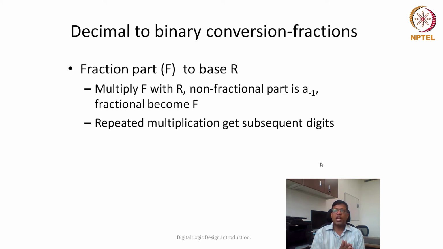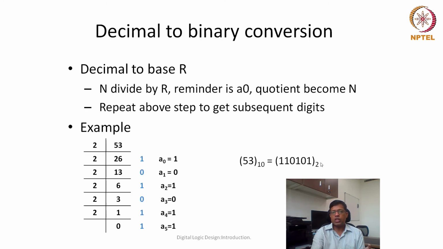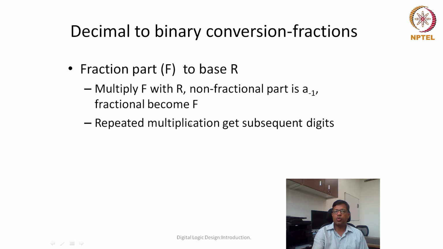So first of all, let's say we have received one particular number, let's say 3.5. We will make two parts of this number, one as an integer part, another as a fractional part. The integer part we will do using the process where we keep on dividing, and the fractional part we'll do using the process which we are going to discuss now.